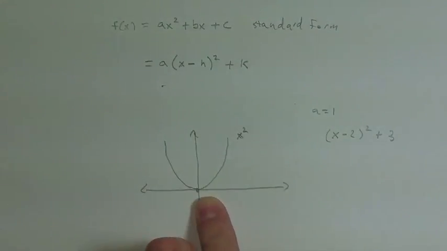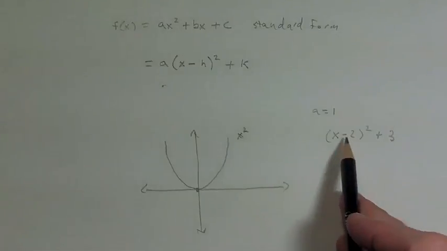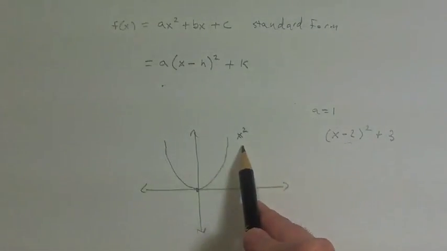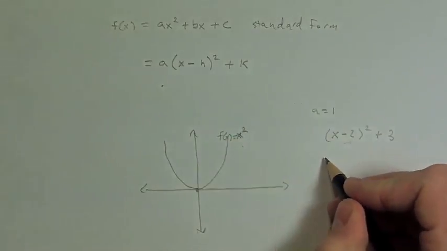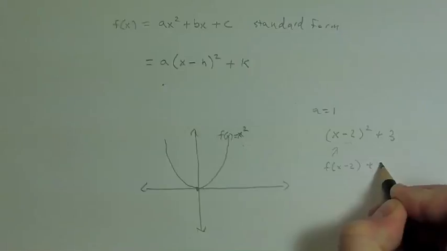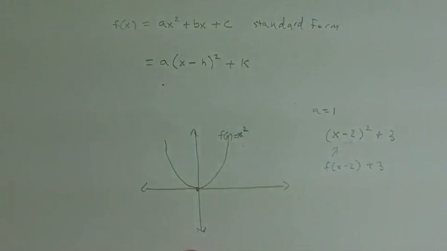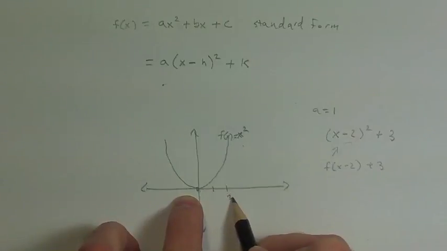Remember from the last section, we're going to use that idea a little bit, that minus 2 on the inside of x squared. So if this is f of x, this would be f of x minus 2 on the inside plus 3 on the outside. That's going to shift this function over 2 units.